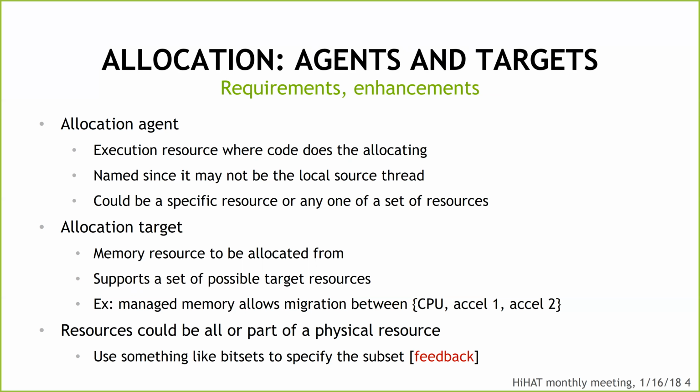And it also could be a specific resource or any one of a set of resources. I could say, I want to do my allocating, I kind of want it to have this locality, but I don't really care where it runs. I could just set the thread affinity for the thread that gets woken up to do that, or maybe it's pinned and just waiting for work or whatever. But it could be any one of several different guys. And so if you want that flexibility, you have that.